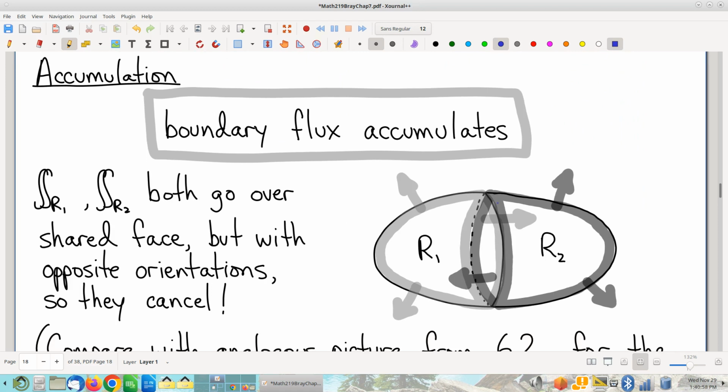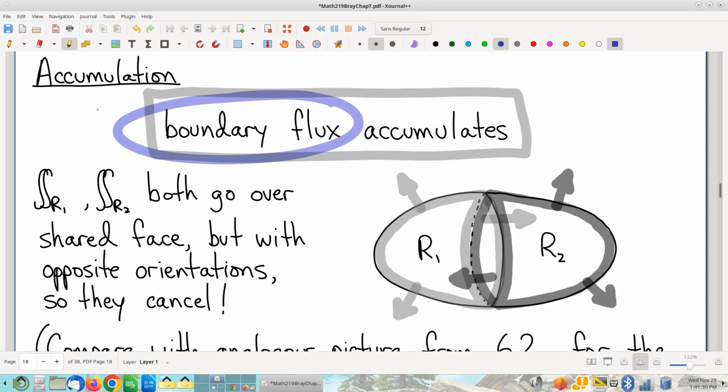Again, no surprise, all of these theorems have basically the same structure and strategy. There is an accumulating quantity that is ultimately what the theorem is about. In this case, it's boundary flux. We drew this picture and talked about how if you look at the whole solid versus the left half and the right half, the sum of the individual boundary fluxes is the same as the boundary flux of the whole.